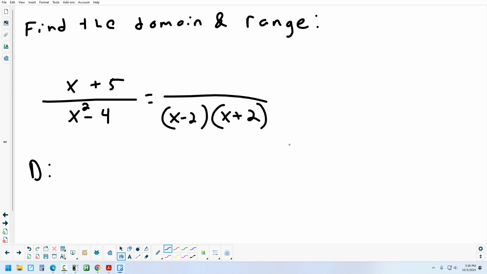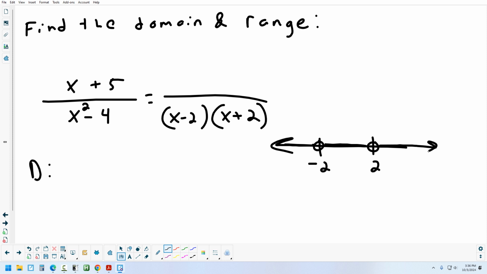So if we think of that on a number line, 2 and negative 2, can we use anything lower than negative 2? Yeah, you can use anything lower. Could you use anything between them? Yeah. Yep, and could you use anything higher than 2? Yeah. So there's 3 sections.